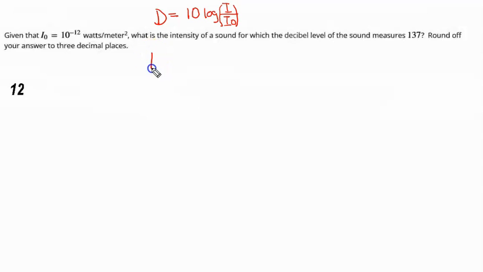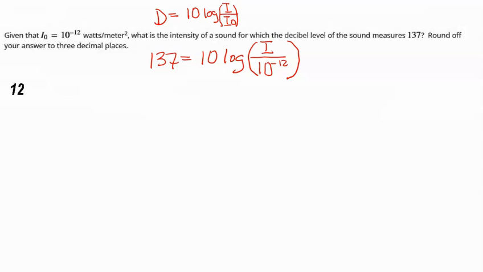This is going to be 137, our decibels, equals 10 log, and what we don't know here is our I. We know the I sub O is 10 to the negative 12.